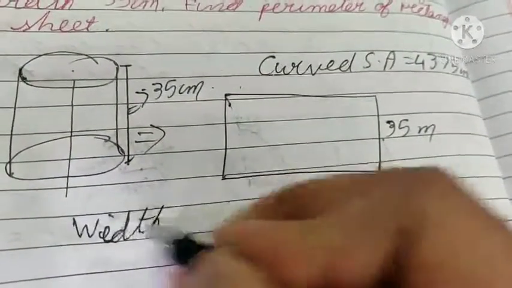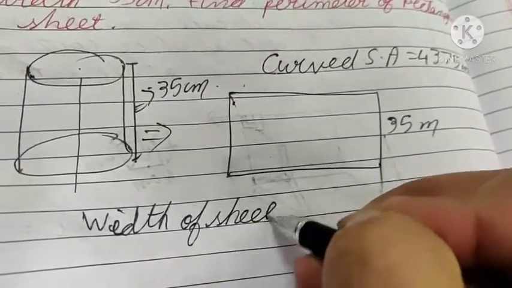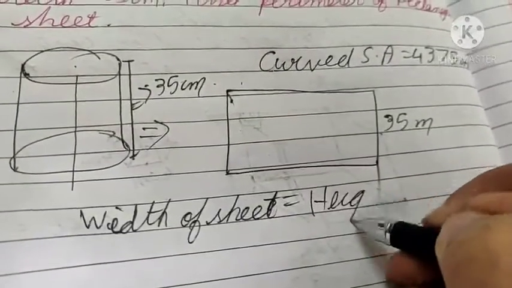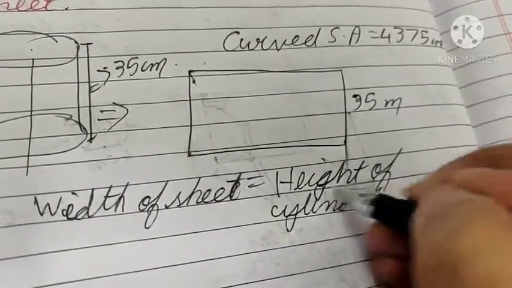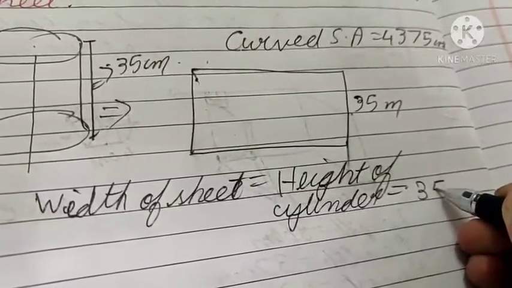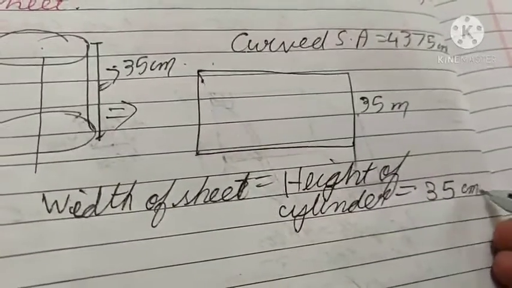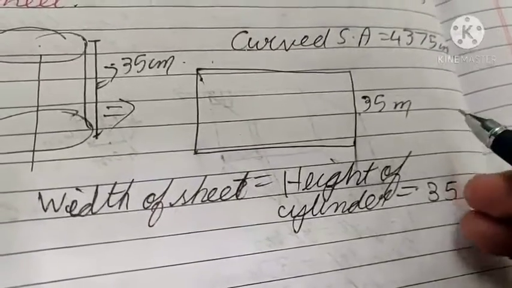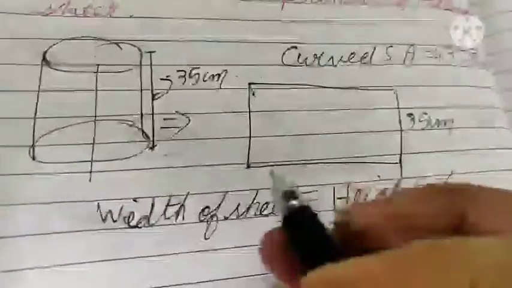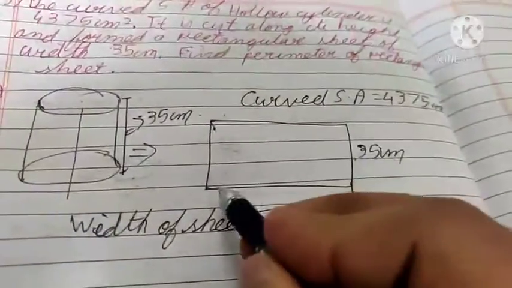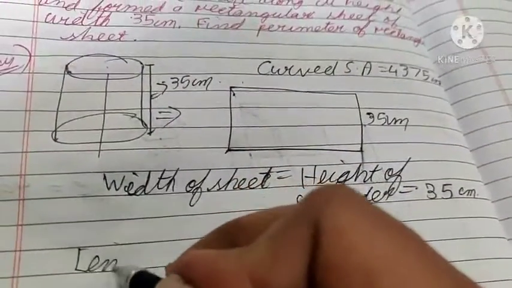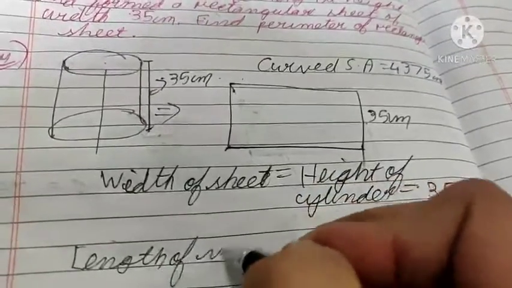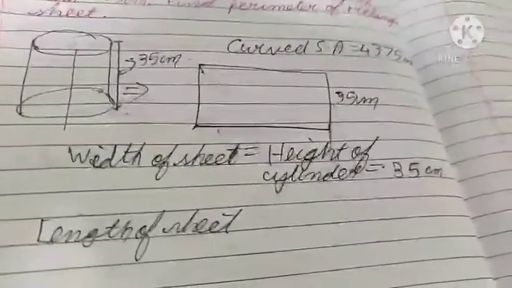Width of sheet is equal to height of cylinder, that is 35 centimeter. Now we are given the curved surface area and we have to calculate the perimeter of the sheet. For calculating the perimeter, we need to know the length of the sheet.